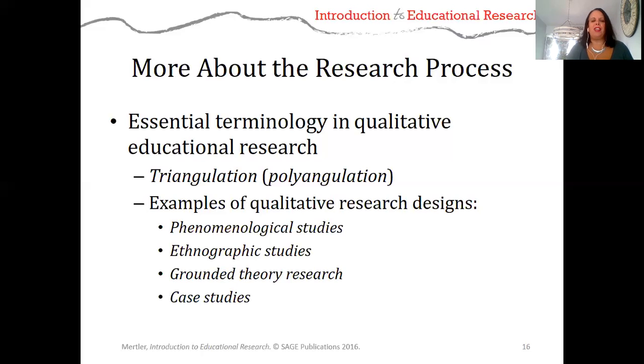So the phenomenon here is COVID-19. And you want to know how this particular phenomenon impacted a particular group of people. You would use a phenomenological study. And many times phenomenological studies are using qualitative approaches such as interviews and focus groups.